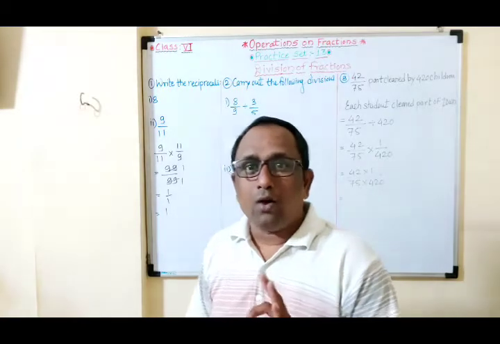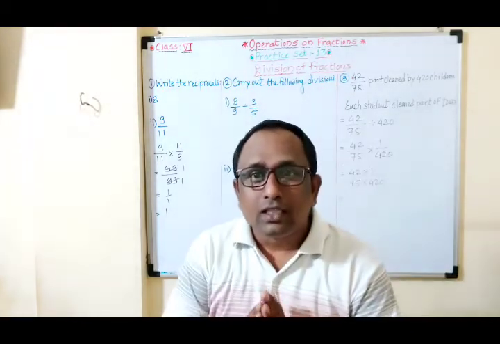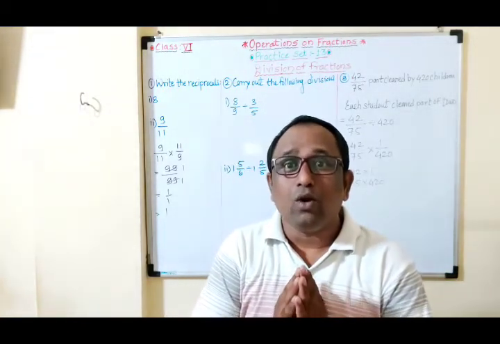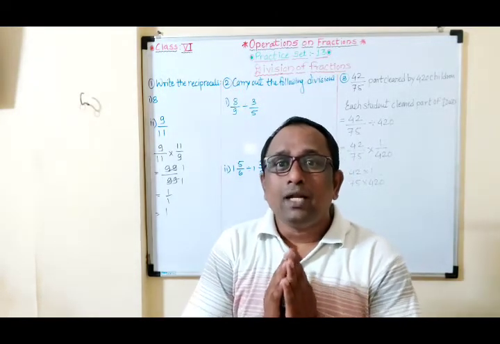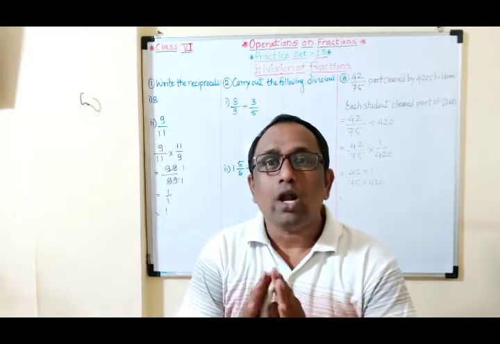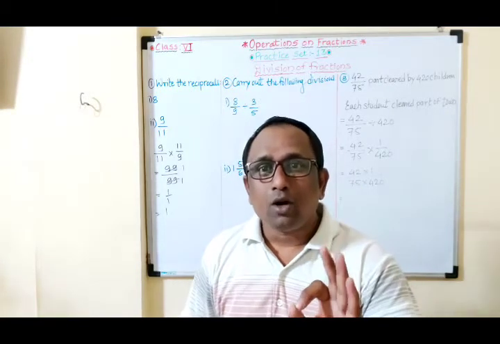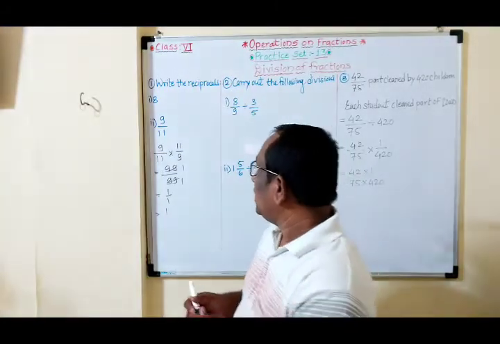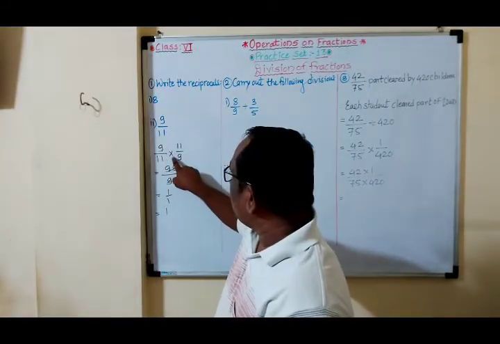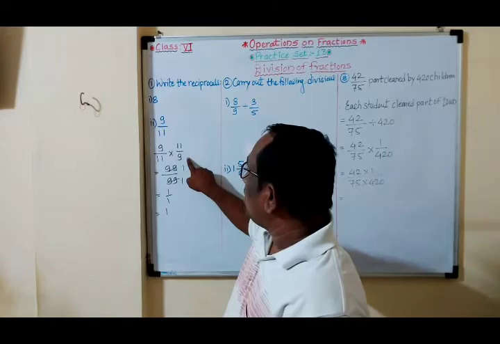Now when we get the product 1 for such fractions, we can say they are multiplicative inverse or reciprocal. Reciprocal, another word is multiplicative inverse. Means see, the multiplicative inverse of 9 upon 11 is 11 upon 9.